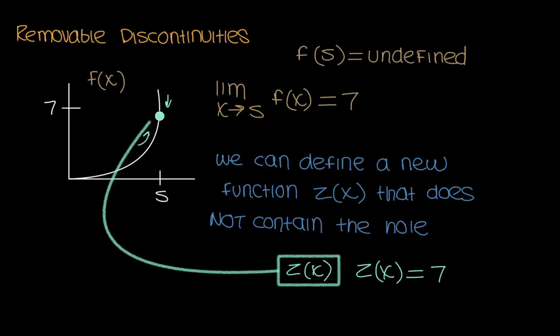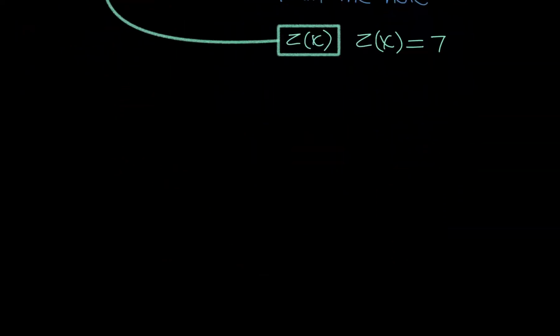Now, one of the ways that the AP exam will like to ask you this is that in order to cover this hole, the value of z of x is the limit of f of x. So let's write that down because I feel like that is where all the confusion arose.